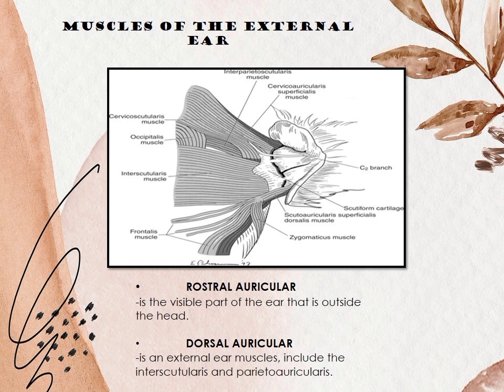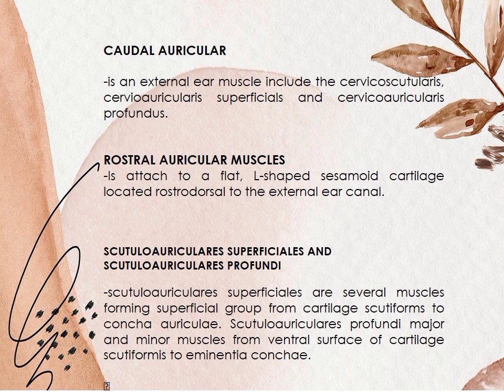Next is the dorsal auricular, which is also a part of the external ear muscles, and it comprises the occipitalis muscle, interscutularis muscle, interparietoscutularis muscle, and interparieto-auricularis muscle.